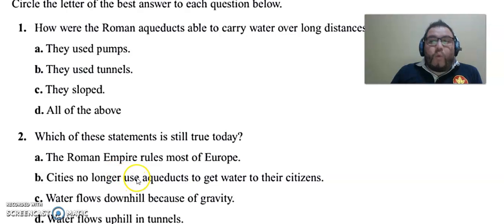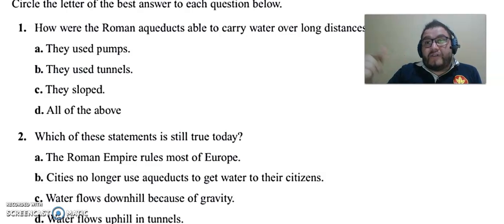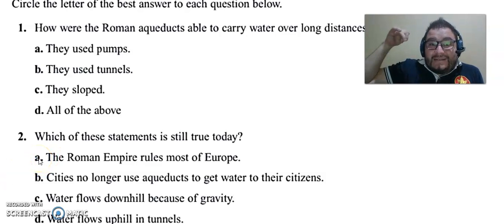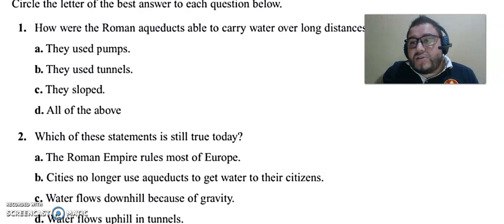The Roman Empire took most of the European places in the past. Not actually. Actually, Rome is only a little country, right? And it is Italy, most of Italy, the capital, you know. But in the past, the Roman Empire was very big and took almost the middle of Europe.